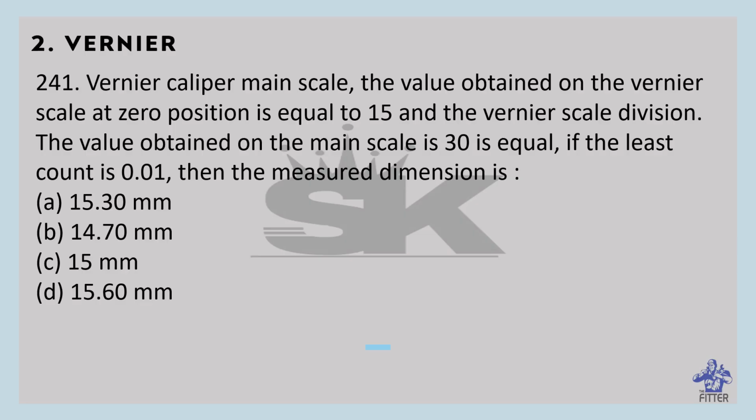The vernier scale reading is least count 0.01 into 30, which equals 0.3.